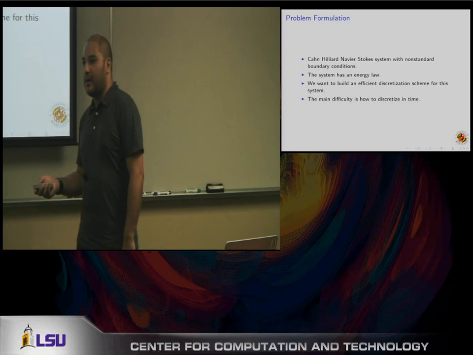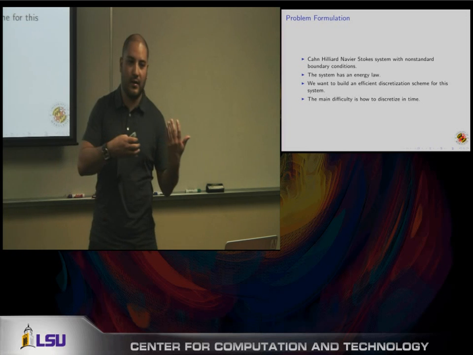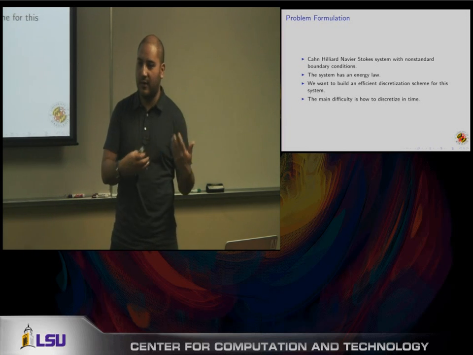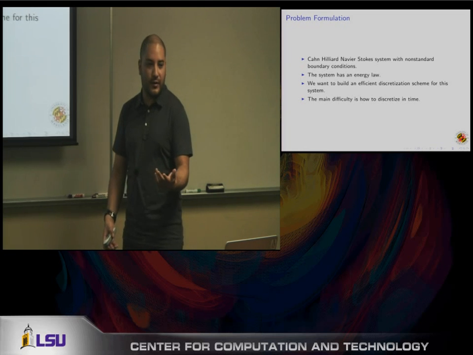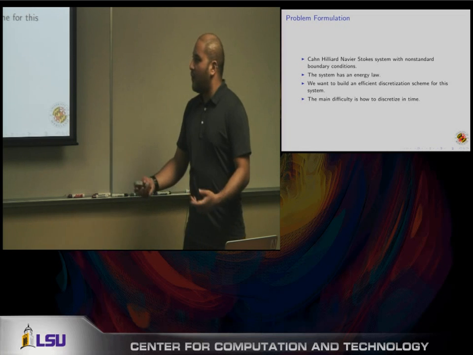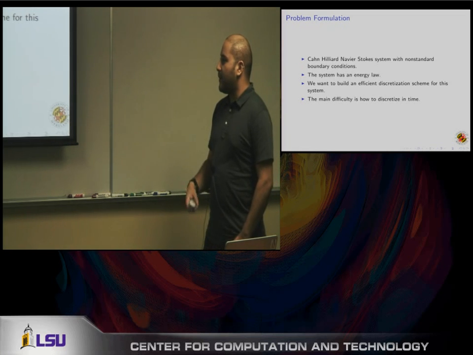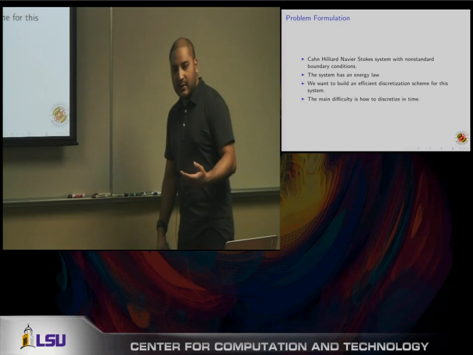One good thing is that, again, this system is energy consistent. In the energy equation for the electrowetting problem, just take voltage and charge equal to 0, and we obtain an energy law for this system. And what we want to do is to build a discretization scheme for this system.